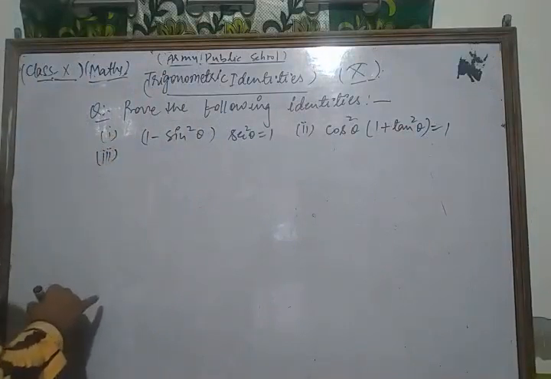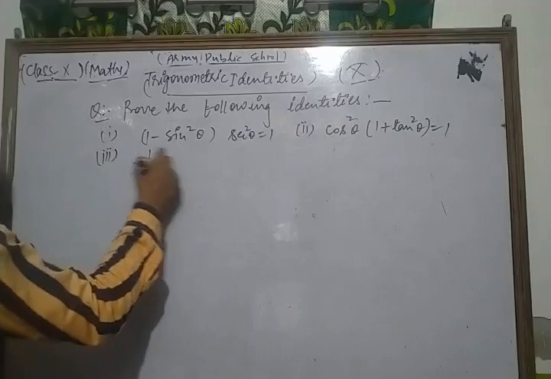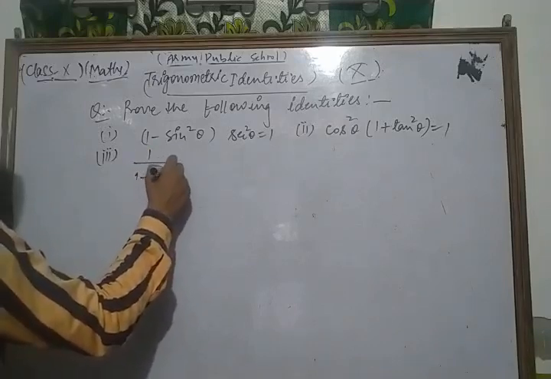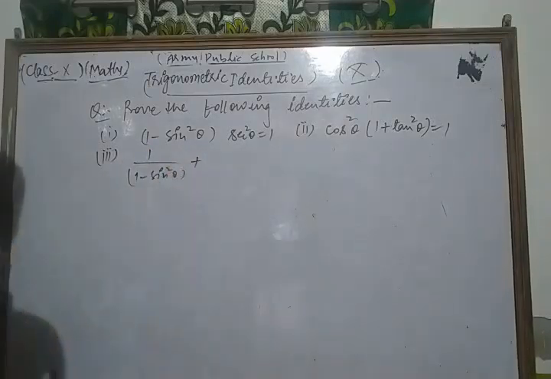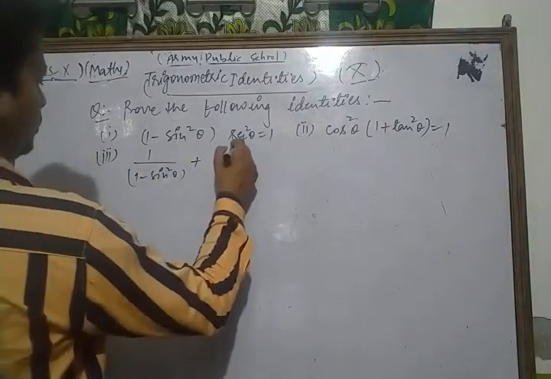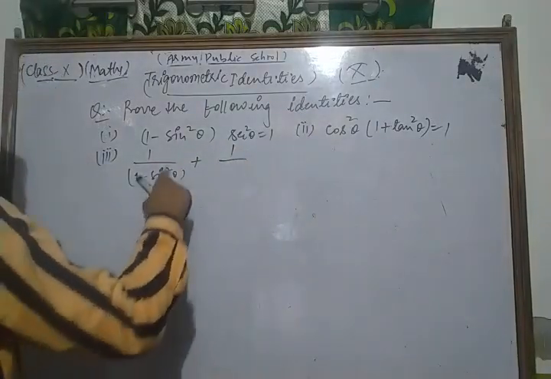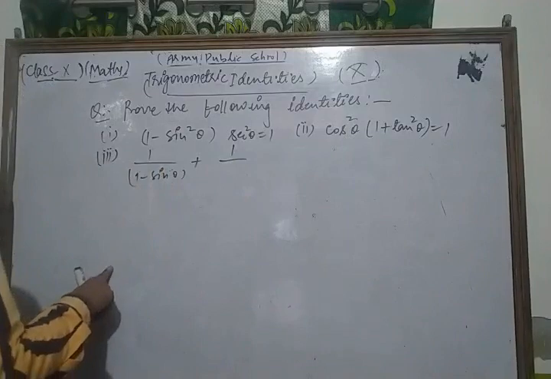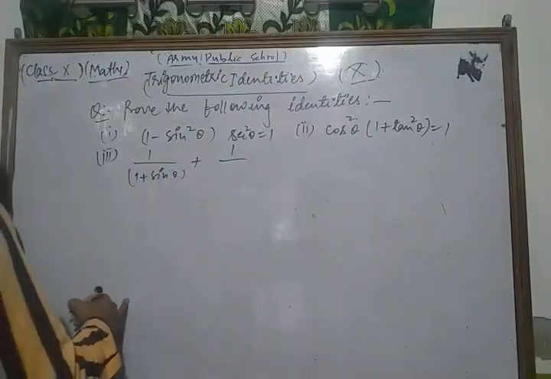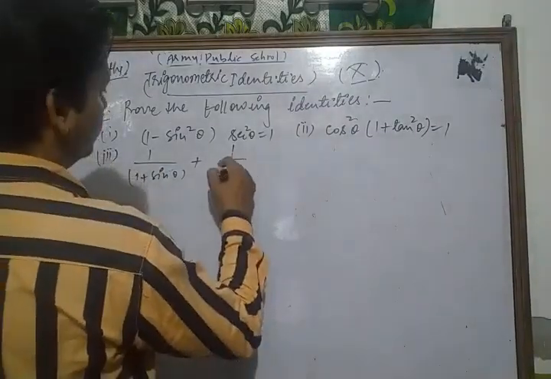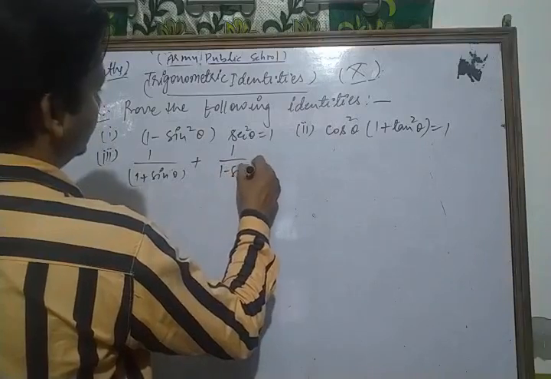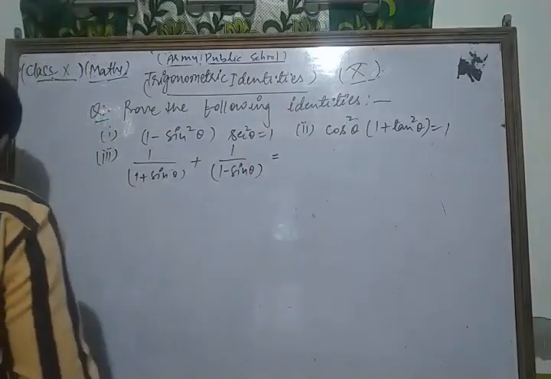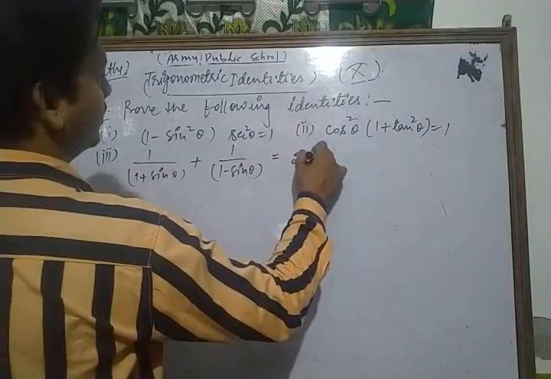Third one, 1 upon (1 plus sin theta) plus 1 upon (1 minus sin theta) is equal to 2 sec square theta.